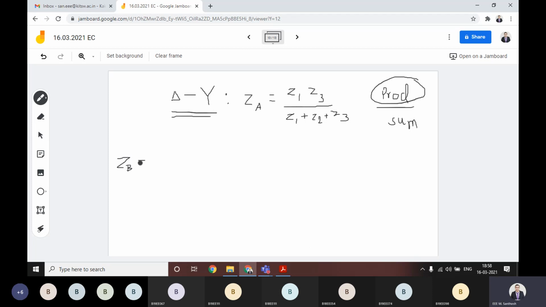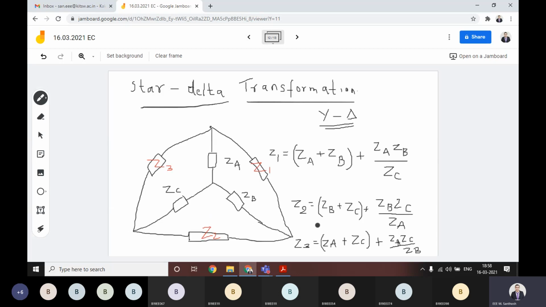Can anyone tell me from this circuit? ZB, you want Z1, Z2. Z1 into Z2 by Z1 plus Z2 plus Z3. Very good.